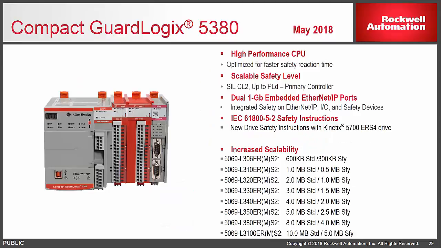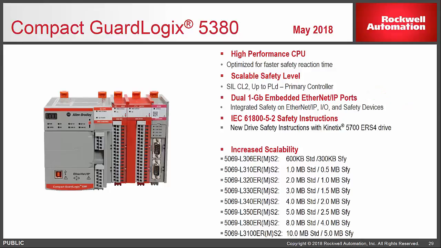In May 2018, we will also release the Compact GuardLogix 5380 high-performance safety controller. This processor, based on the Compact Logix L8, will also support dual 1 gigabit embedded Ethernet ports that will be able to be implemented as separate IP addresses or implemented in a device-level ring format.